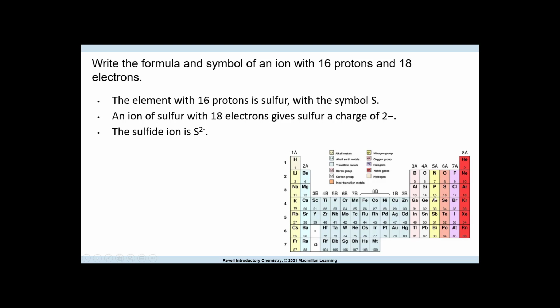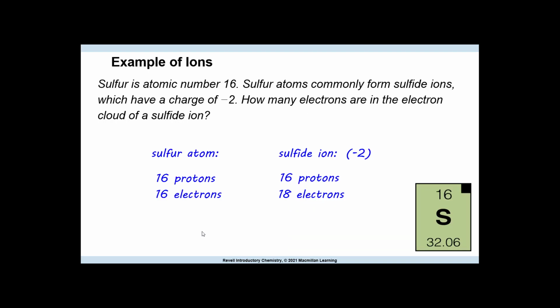So if we write this out, it's sulfur, and we write a 2 minus in the corner. That indicates that it has 2 extra electrons, and it is sulfur, negatively charged.